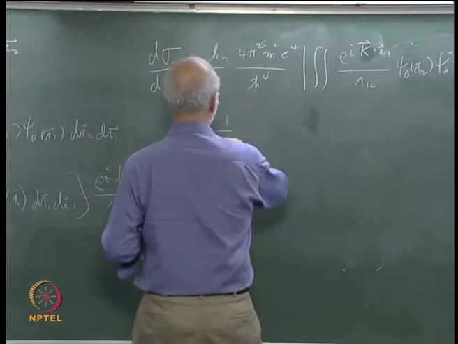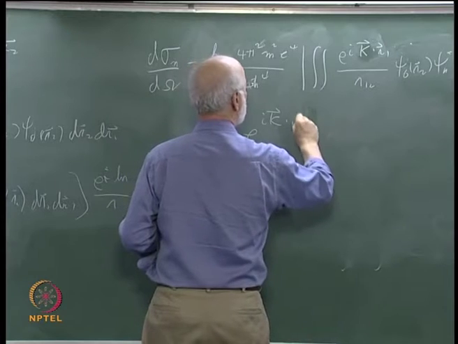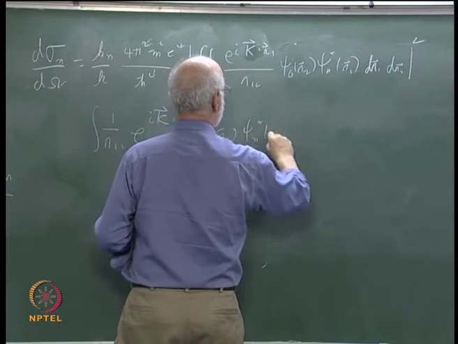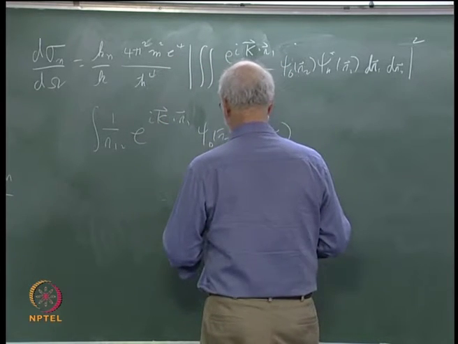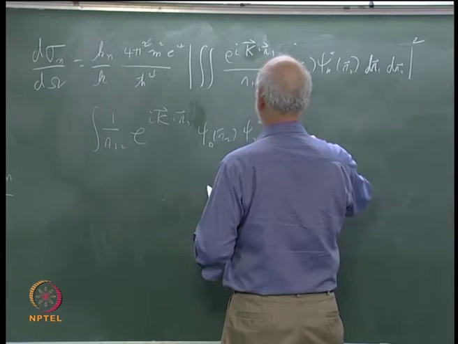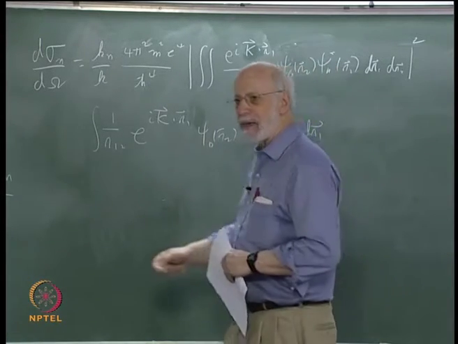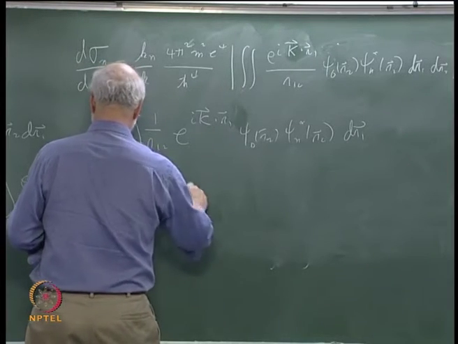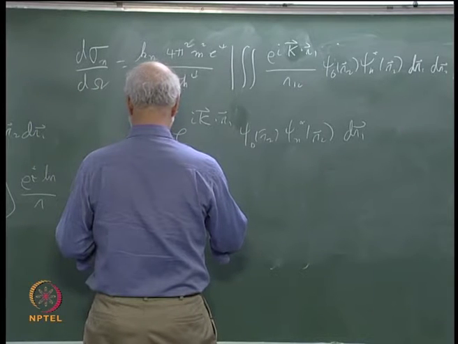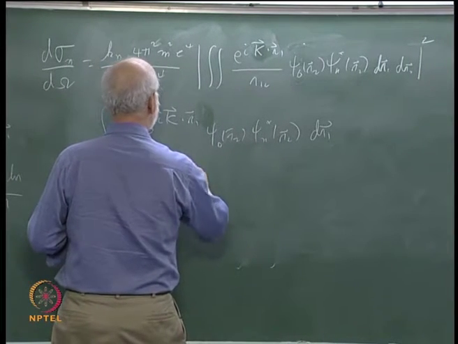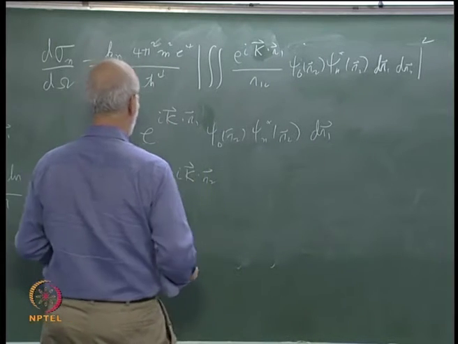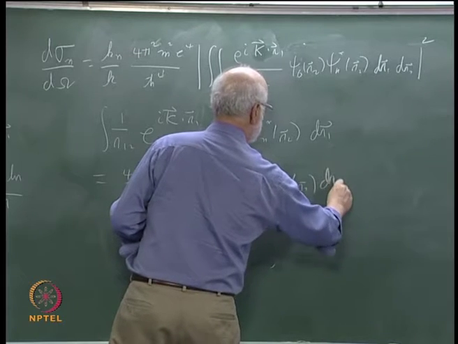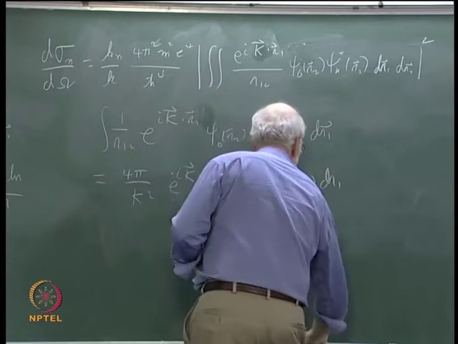And so 1 over R12 e to the i k dot R1, psi 0 of R2, psi n star of R2, dR1, I can make that substitution here, and I simply get 4 pi over k squared e to the minus i k dot R2, and psi 0 of R2, psi n star of R2. Yeah, that's, no, I'm sorry, this.